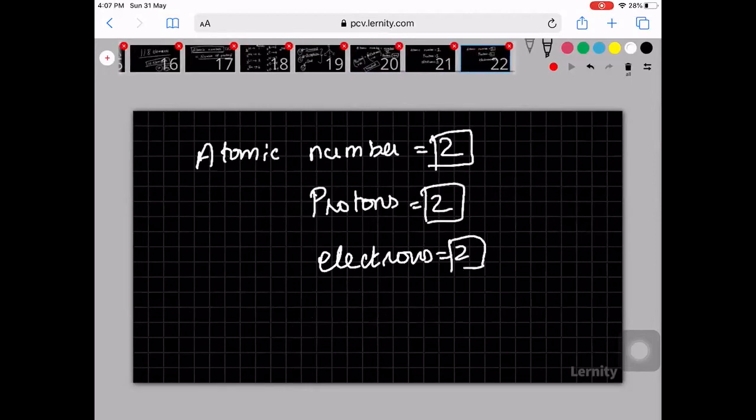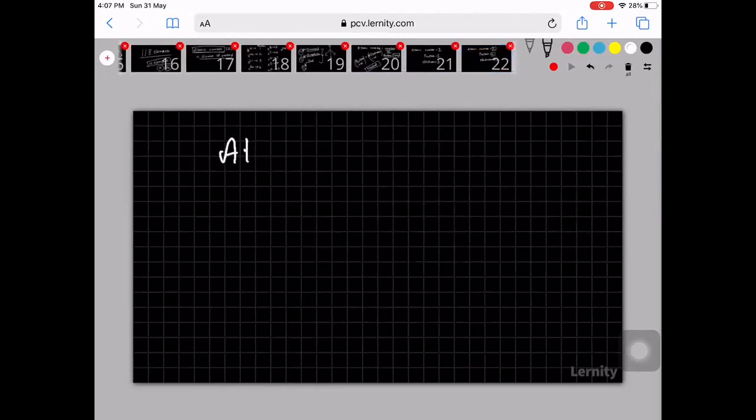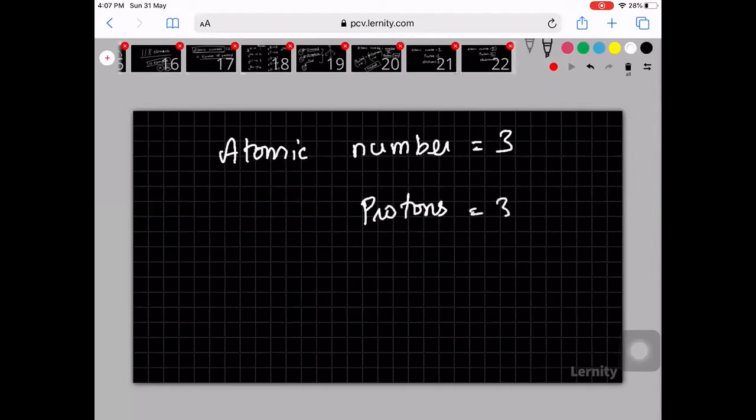Similarly, if the atomic number of an atom is 3, the number of protons in the atom will also be 3, and the number of electrons will also be 3. So for hydrogen, the number of protons it has and the number of electrons it has will be equal.